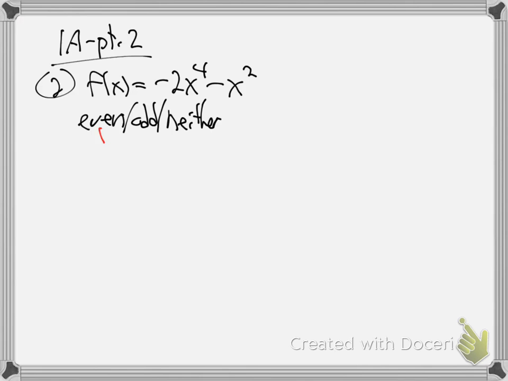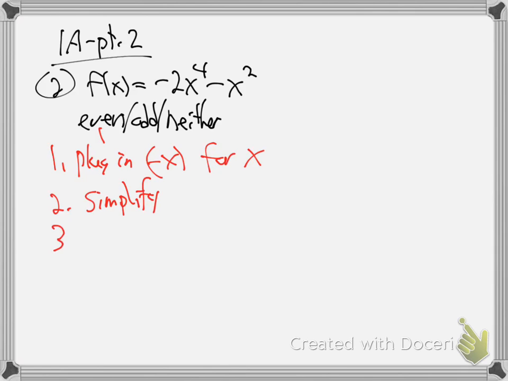Anyway, what you do is you plug in negative x for x. Remember how to test even oddness? You plug in negative x for x, step 1. Simplify. And if the answer is equal to the original, then it's even.